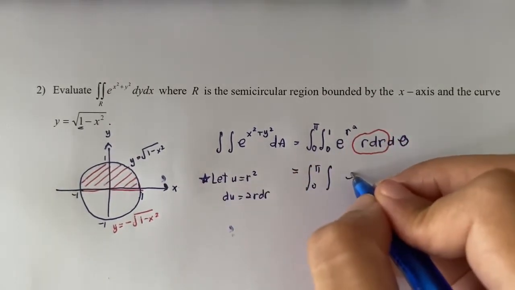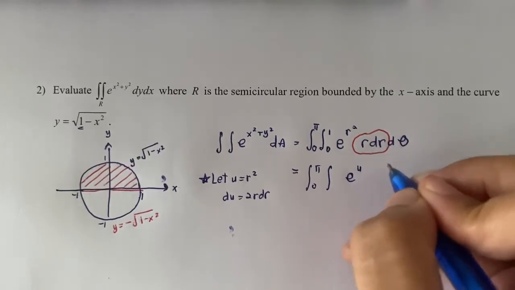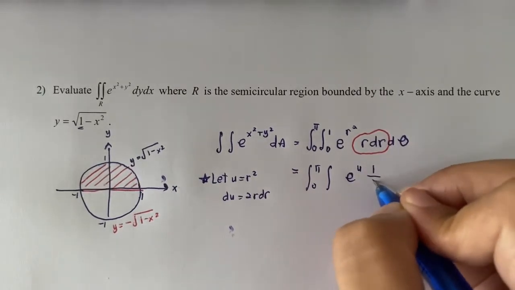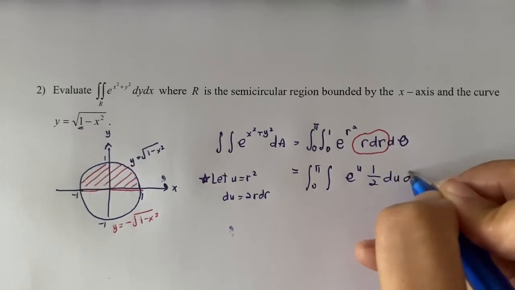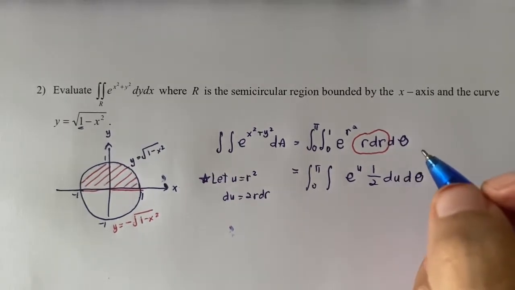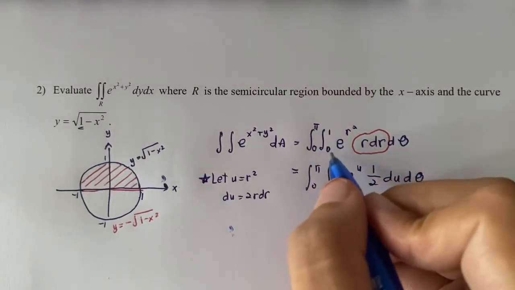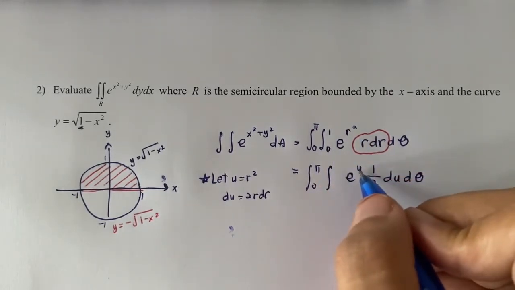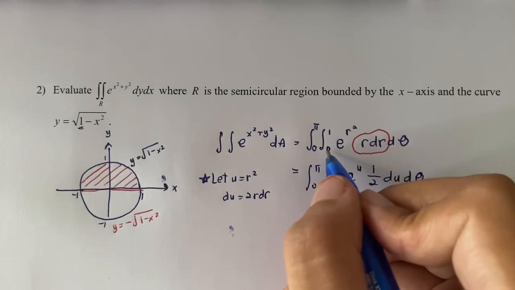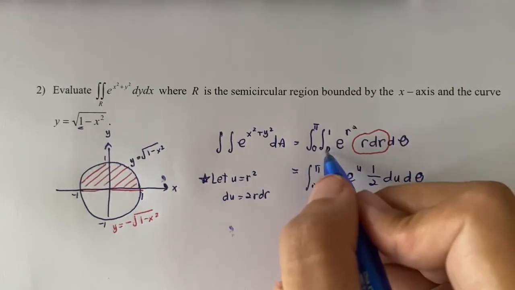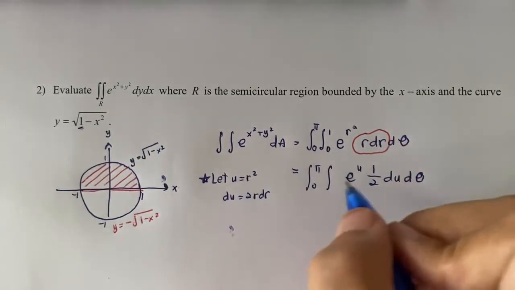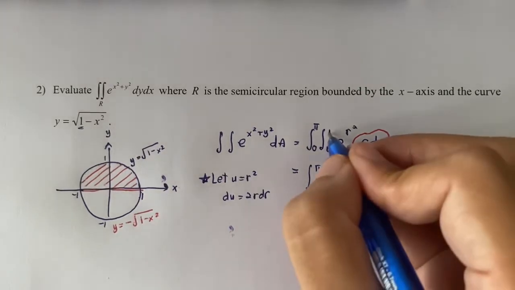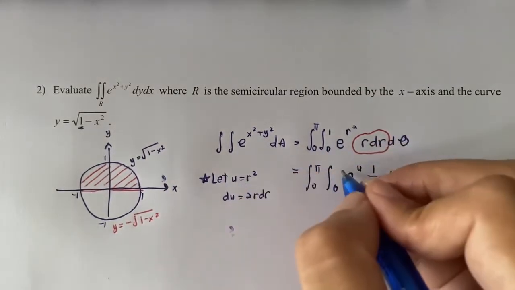So e to the u, r dr is equal to 1 over 2 du d theta. Okay, and then the limit, this is the limit for r. Now what is the limit for u? Substitute r into u. So for r equal 0, r squared, u is 0. For r equal 1, r squared, u is equal to 1.